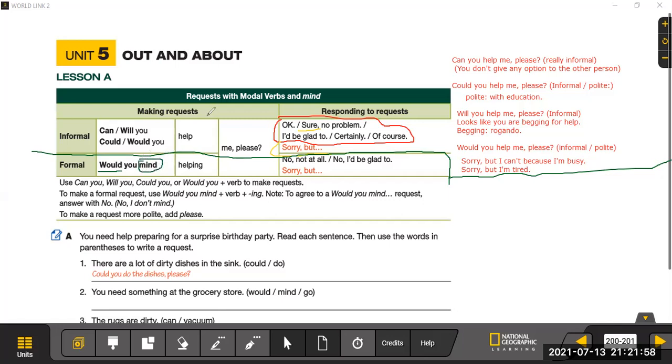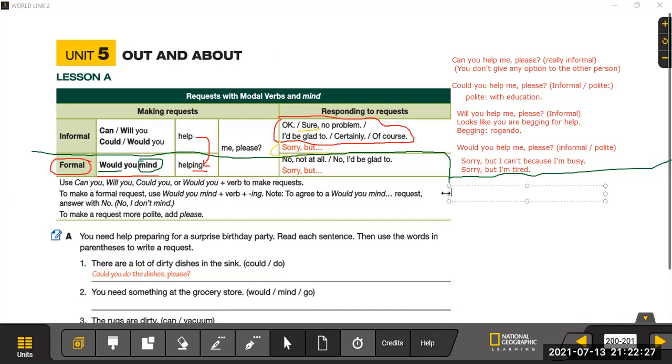As you see here, when we use would you mind, it is formal. And in the verb, we have to add ing. When we use this kind of question, you have to add ing to the verb. Would you mind helping me, please?